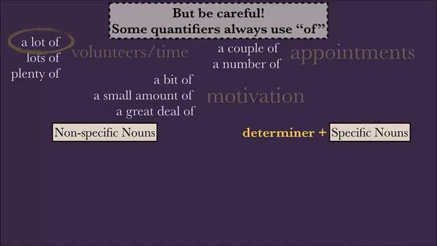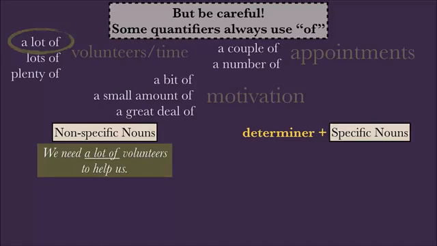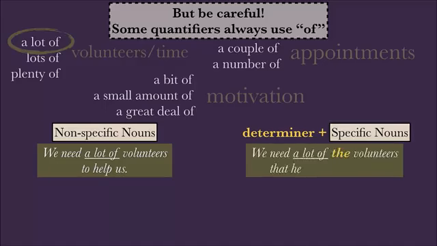Let's look at some examples. We need a lot of volunteers to help us. Notice that volunteers comes right after the set phrase a lot of, because volunteers here is a non-specific noun. Versus we need a lot of the volunteers that helped us last time.